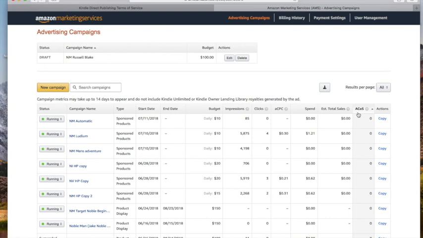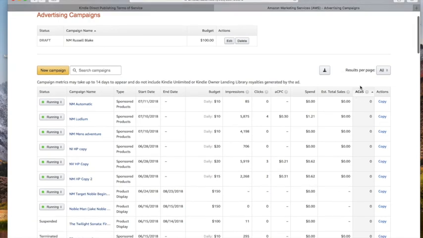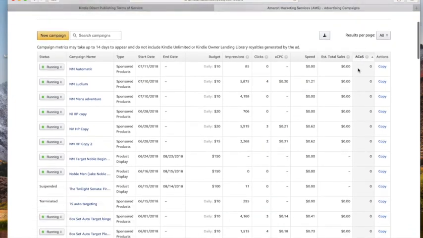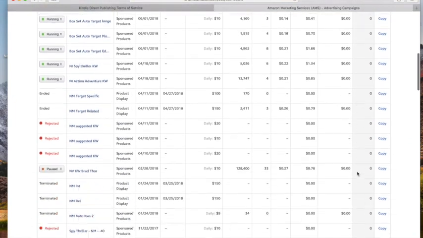If you have a low ACOS, that means you're spending less than you're making. If you have a high ACOS, then you're spending more than you're making, and the tipping point is 100%. At 100%, you're spending $1 to make $1, and that's okay. I mean, you're breaking even. At 101%, you're spending $1 to make 99 cents. That's not good.